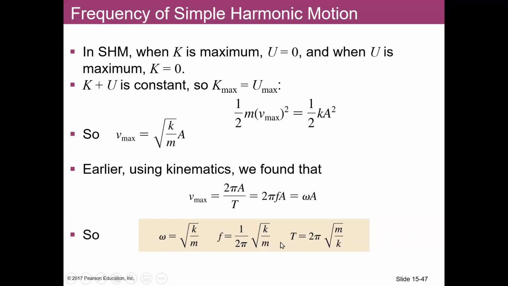And we have these three variables: omega for the angular frequency, f, which is not the angular frequency but just the actual frequency in hertz, how many times per second for a complete oscillation, where omega is the rate at which angle in the phase diagram is being swept out, and T is the period. Again, they're all the same information, just expressed in different ways.